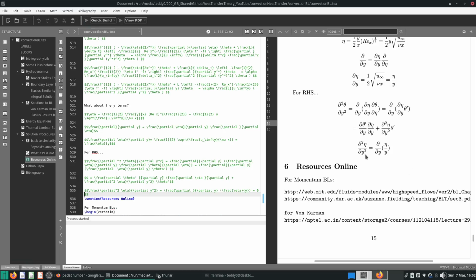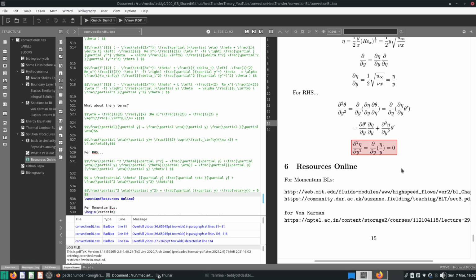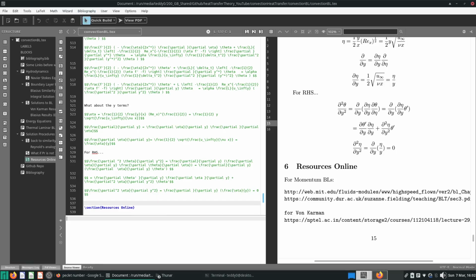So partial square eta partial y squared, this whole thing is 0 because there's nothing to do with y at all. I mean, you can do a quotient rule to convince yourself. You will have eta partial y minus y partial eta partial y. If you do that, you will find that the numerator just cancels out.